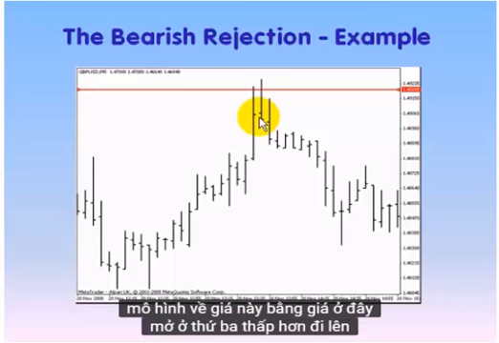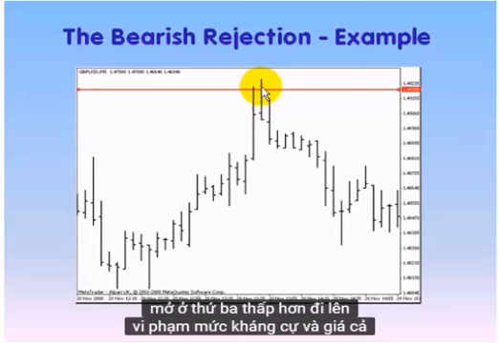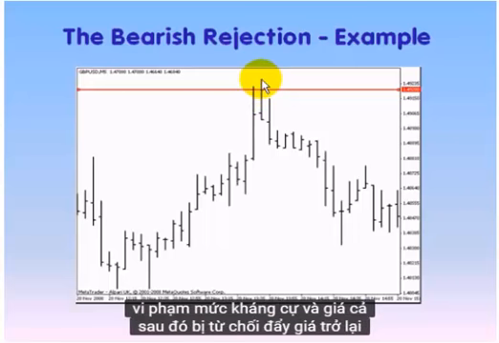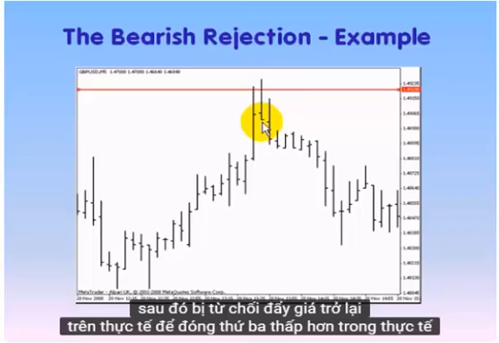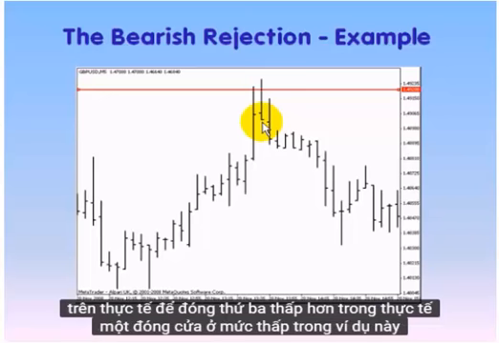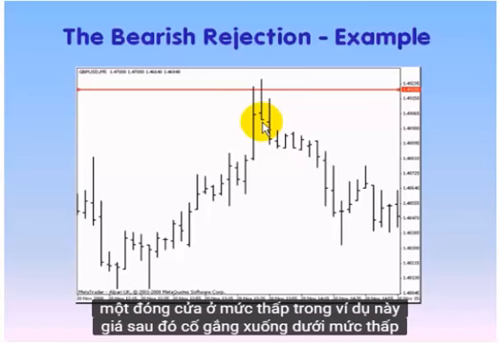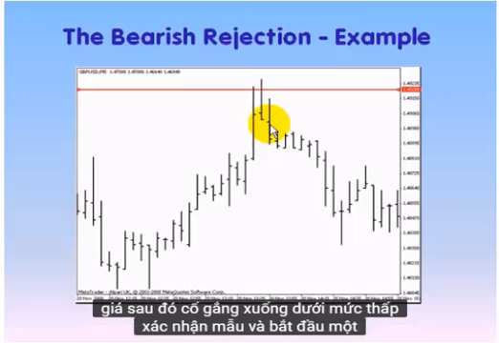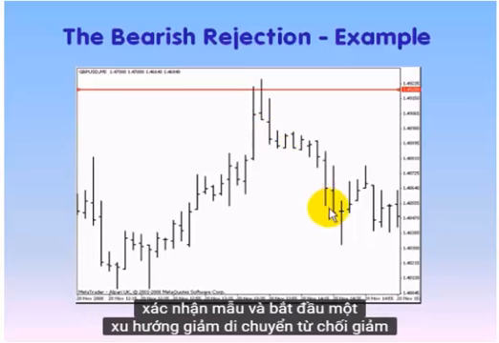Price opened in the lower third, came up, breached the resistance level, and price was then rejected, pushing price back down to close in the lower third. In fact, to close on the lows in this example. Price then traded below the low, confirming the pattern and commencing a downtrend move.